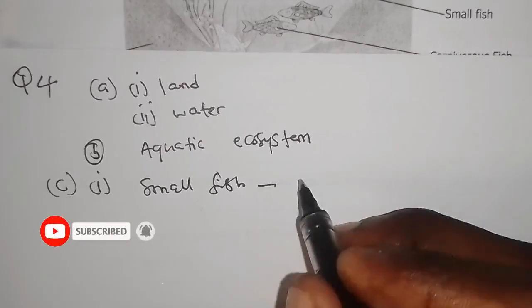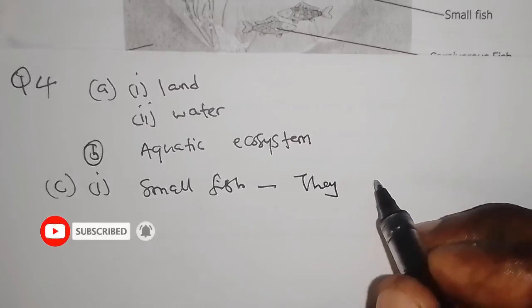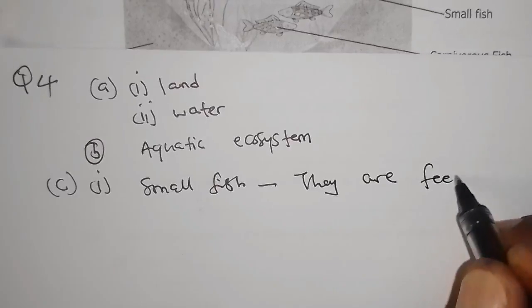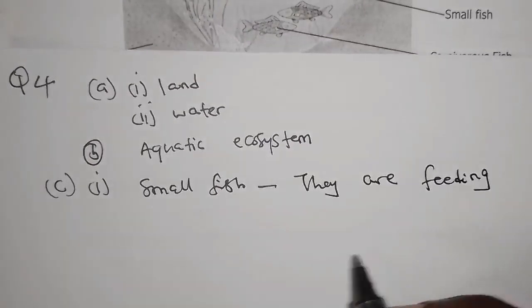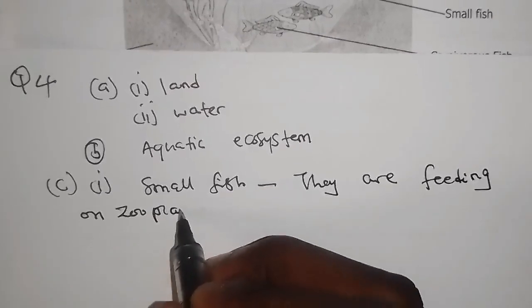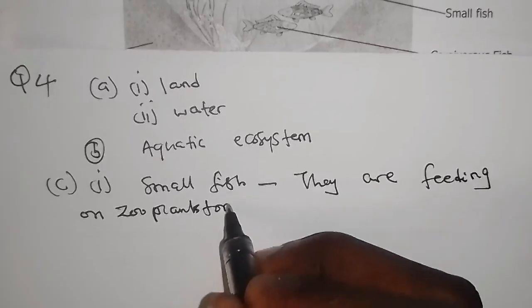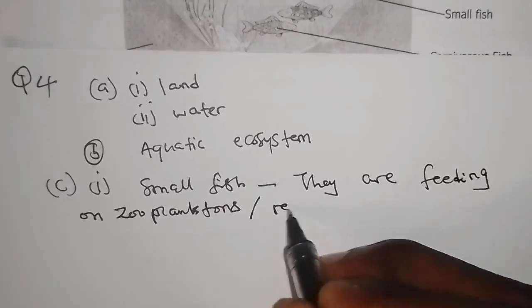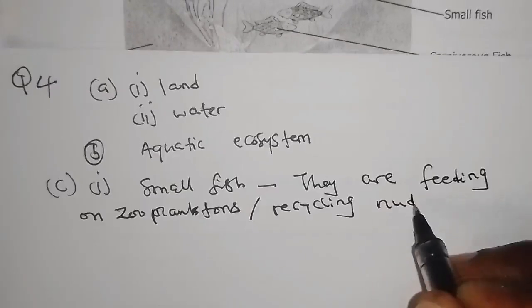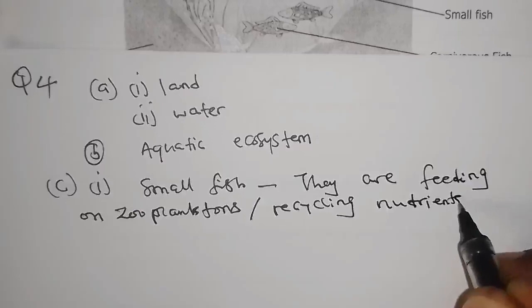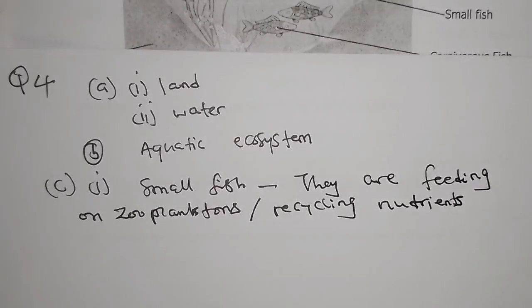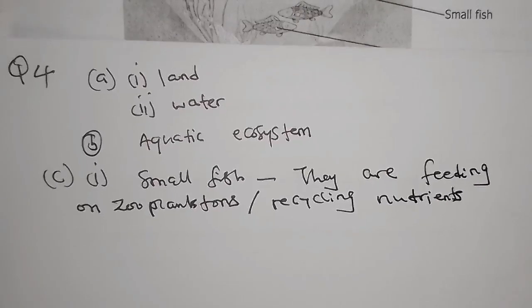So the small fish, they are feeding on zooplanktons or recycling nutrients. Okay, they are recycling the nutrients. Okay, so that is what they are doing there.